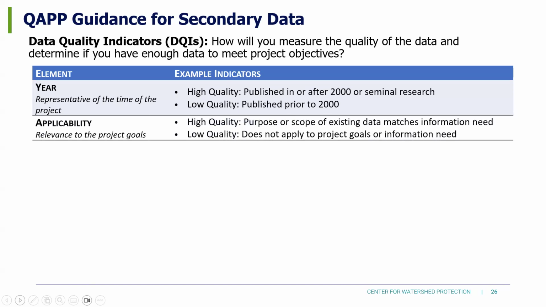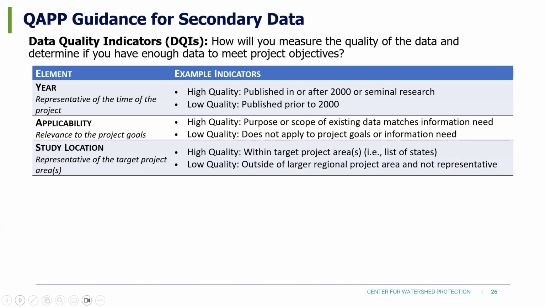All right, next was applicability, and this is relevance to the project goals. High quality data for this was something that matched the purpose or scope of the existing data and the information that they needed. Low quality was something that doesn't apply to the project goals or information needed.